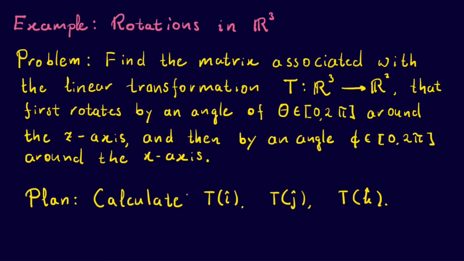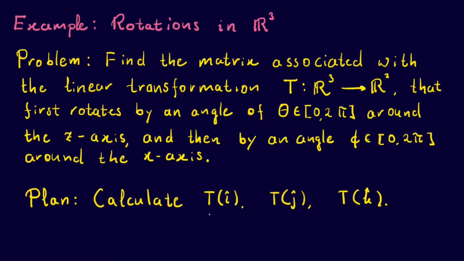And the systematic way to solve problems like this is to figure out what your matrix does to the basis vectors i hat, j hat, and k hat. So that's how we'll tackle this problem. Now I'll calculate T of i hat in detail, and then it'll be an exercise to generalize or adapt my calculation to also find j hat and k hat.